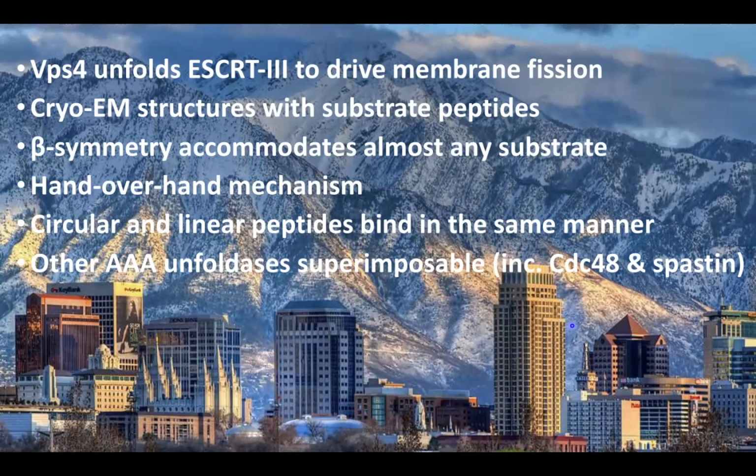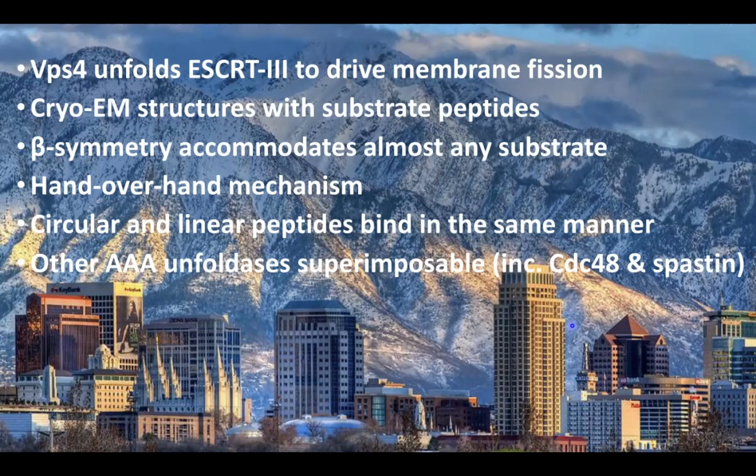I've showed you cryo-EM structures of VPS4 and of CDC48 and of structures from other labs of AAA unfoldases in complex with substrate peptides. The binding of ATP at the interfaces stabilizes this beta symmetry of the enzyme, which explains how these enzymes can combine substrates of almost any amino acid sequence.